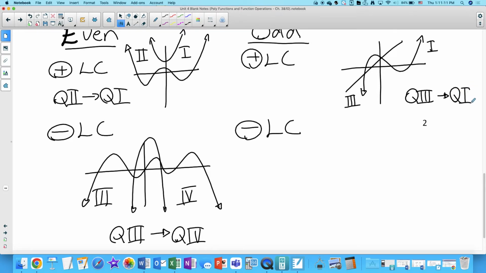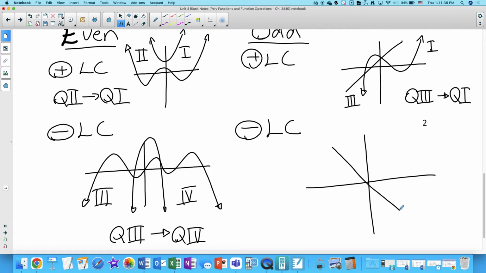Okay, and then finally, an odd function. Think about y equals negative x, right? 2 to 4. Or you could think of y equals negative x cubed. But yeah, if you're trying to just get a really small snapshot, y equals x, y equals negative x, that's the odd positive negative. Y equals x squared, y equals negative x squared.